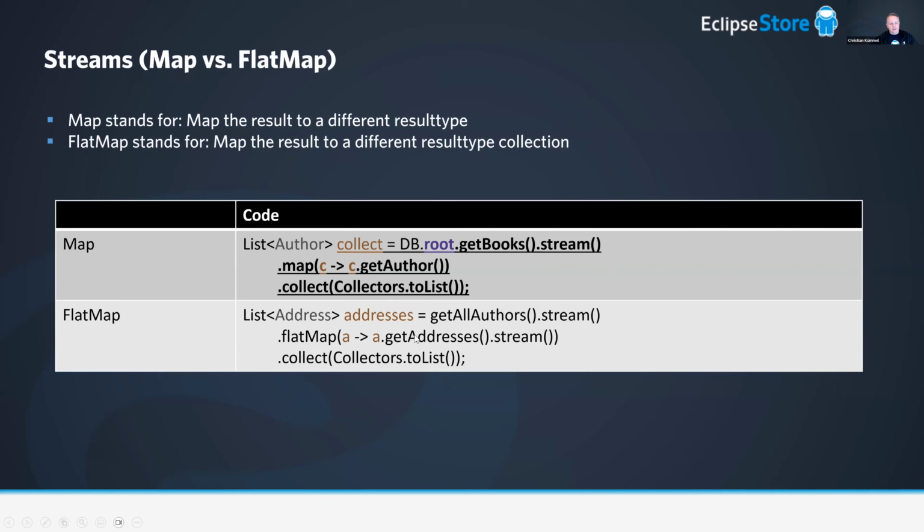In that case we say flat map, and this converts the result to a list of addresses. And this is how we get just the addresses of the authors. And this is the difference. You use map on single values, for example an author or an ID, or to get a list of single values, and the flat map on multiple additional streams as sub-entities. So like in that case, addresses.